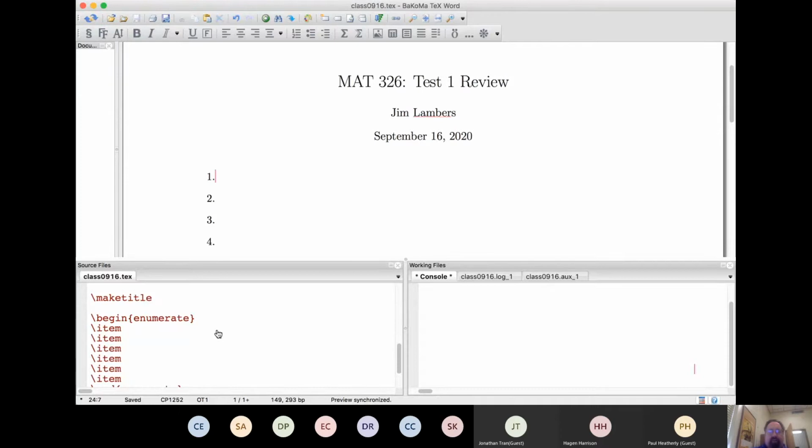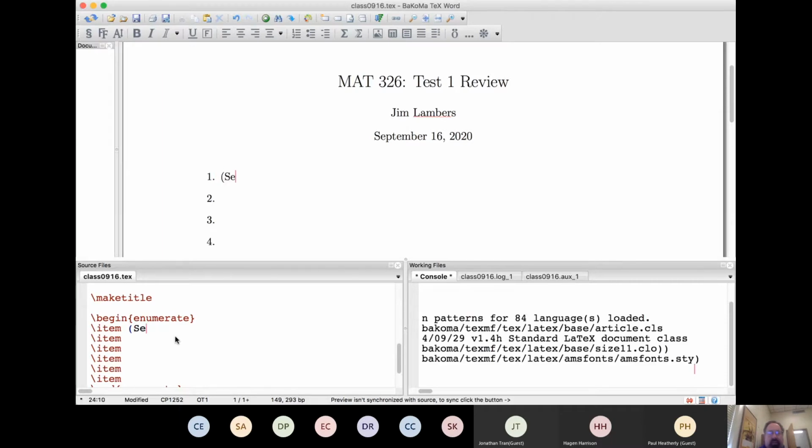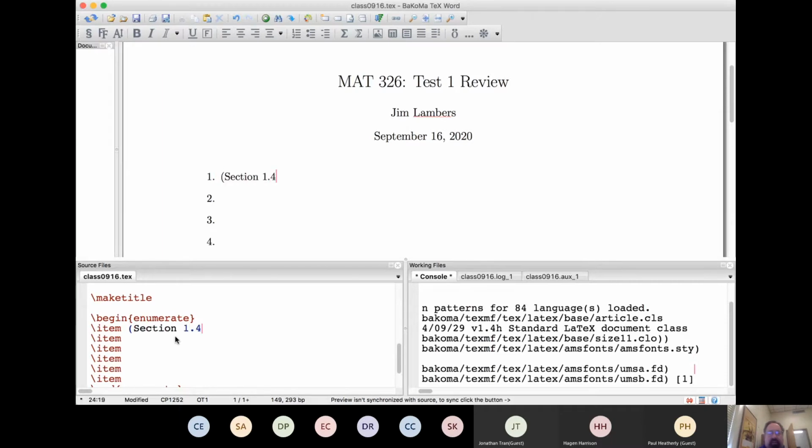So what kind of problems can you expect to see on the test? So the first type of problem, and I indicate the section that these problems come from, so that you can go back and review the homework for that if you want.